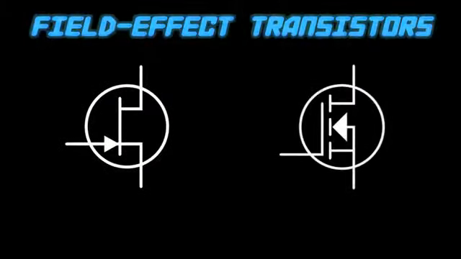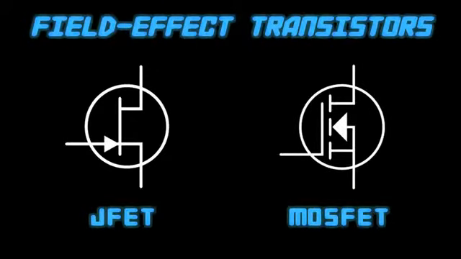This was actually what nowadays we'd refer to as a field effect transistor, or FET for short. FETs are controlled by voltage and use almost no input current. Two types you're likely to run into are the JFET and the MOSFET.